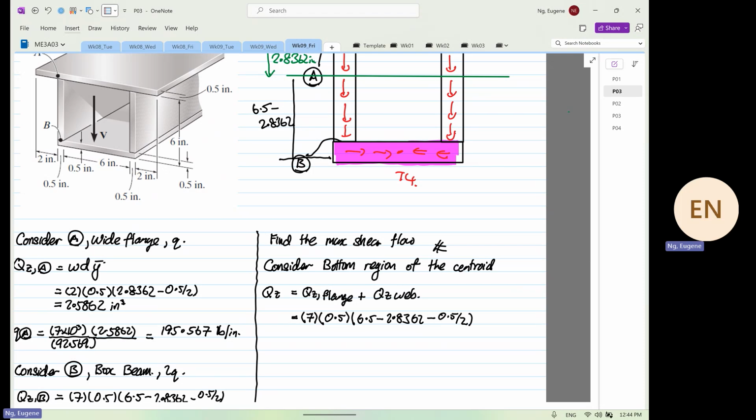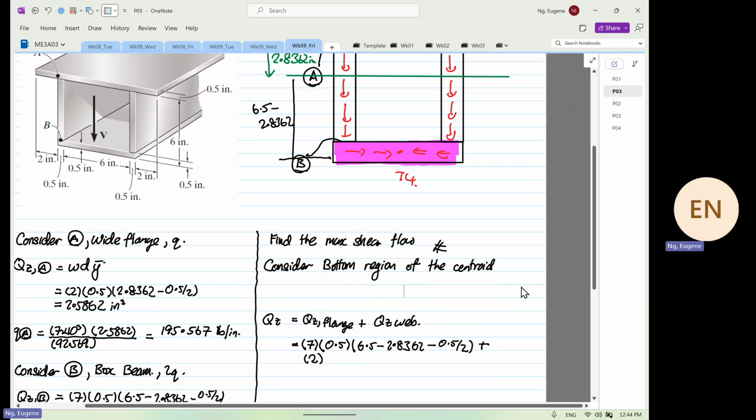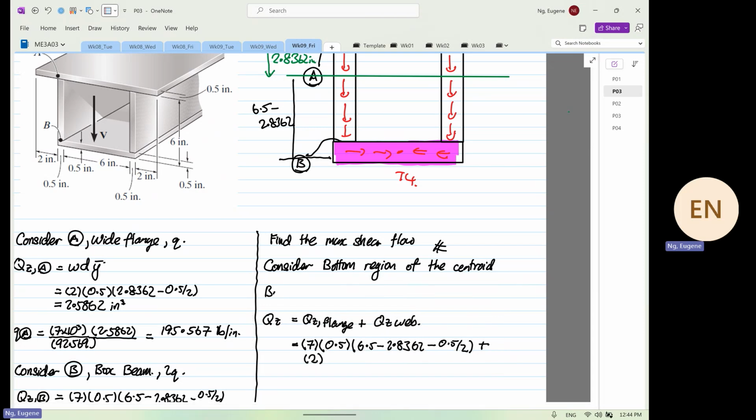This is for the flange, plus for the web, because we have left and right web to consider. Now, before I do that, I missed something, which I apologize.